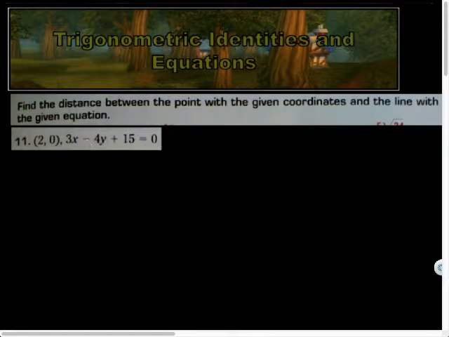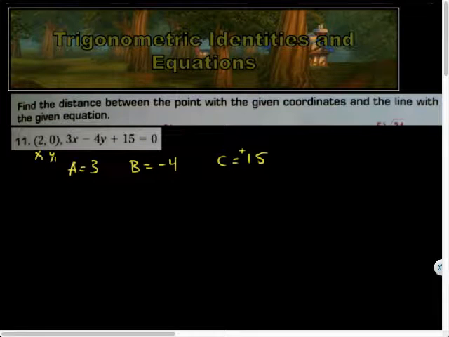So here I've got the following. I'm going to define my A, B, C's. So cap A is 3, cap B is -4, cap C is 15, and I might want to point out that it's positive. And the value of my point, x1, y1, would be the 2 and the 0.